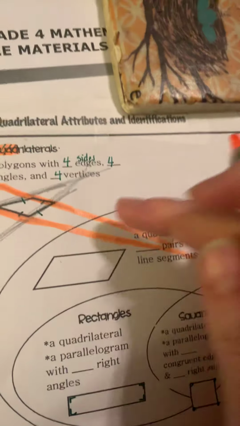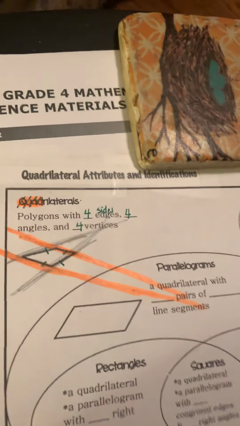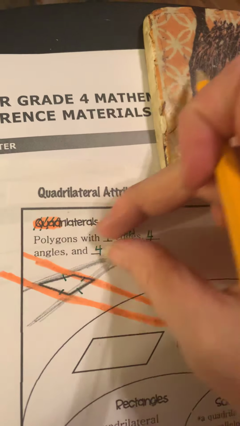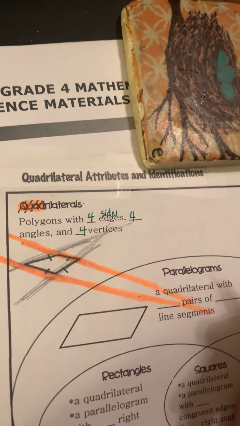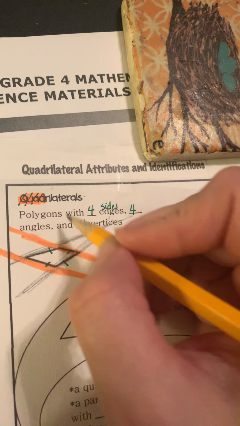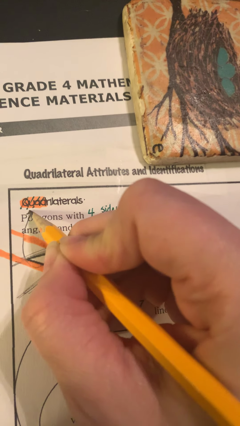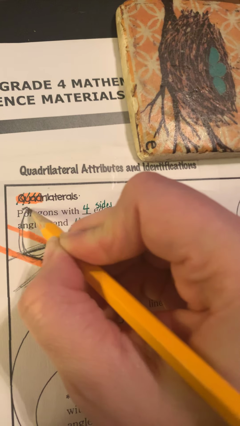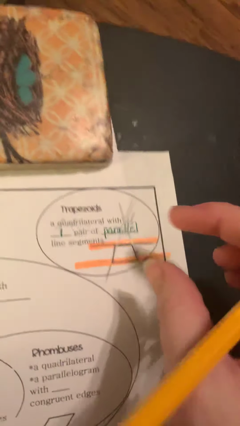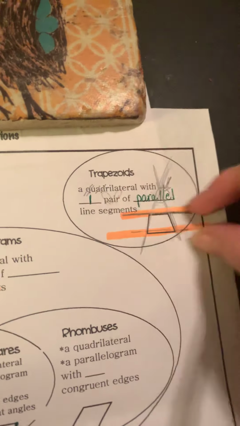Eventually, guess what's going to happen? They're going to intersect. So how many sets does it have? 0, which only makes it a quadrilateral. All we can say is, dude, you're a polygon and you're a quadrilateral. You don't have a name. But if you're a quadrilateral with one set of parallel edges, bam, trapezoid.